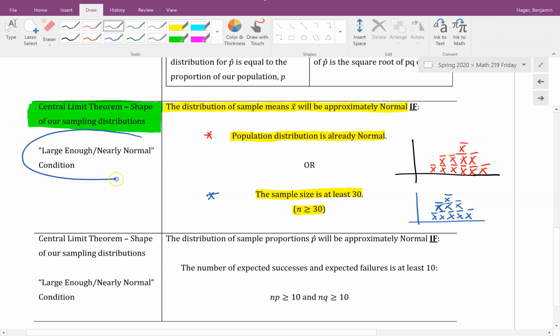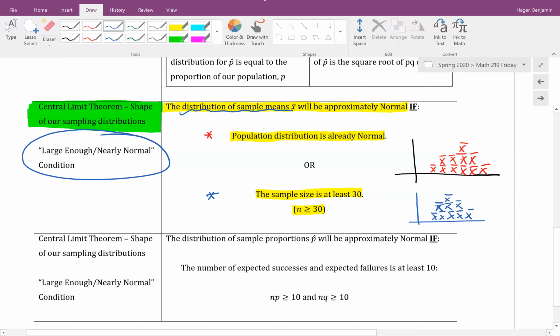This is what we refer to as the large enough to be nearly normal condition. It's not going to be exactly normal, but it's close enough that we can use our methods for calculating probability of a normal distribution to talk about the distribution of the sample means.